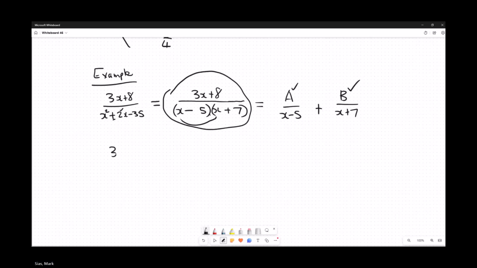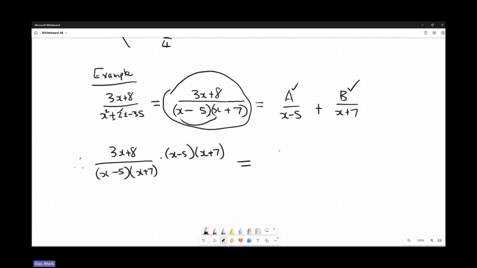So, therefore, what I'm going to do is multiply right through on the left and on the right. I will multiply by x minus 5 times x plus 7 on the left hand side.